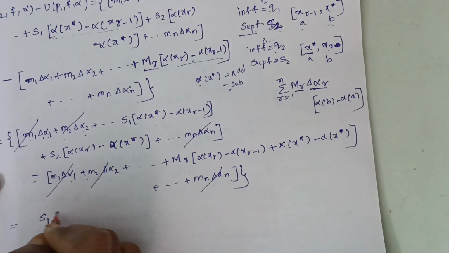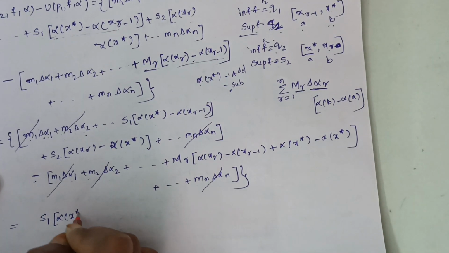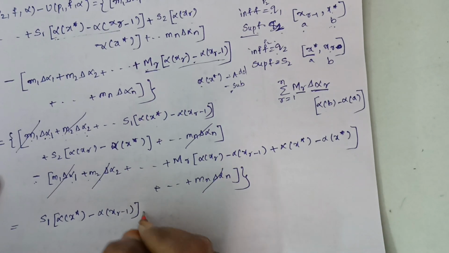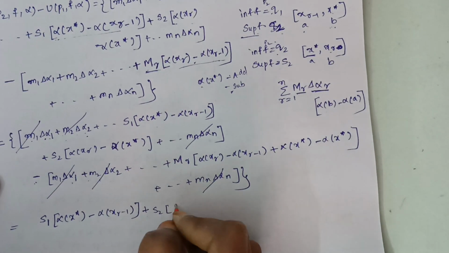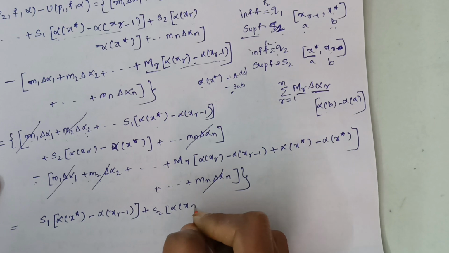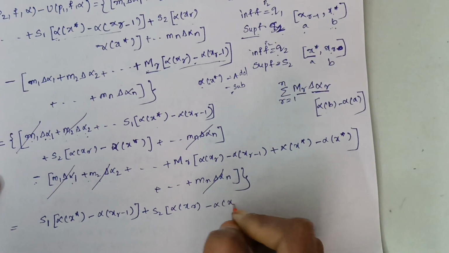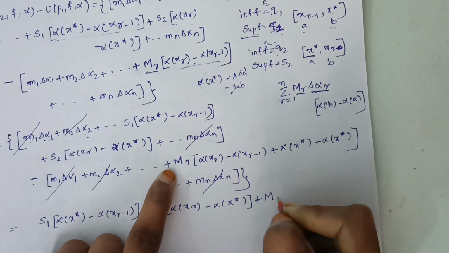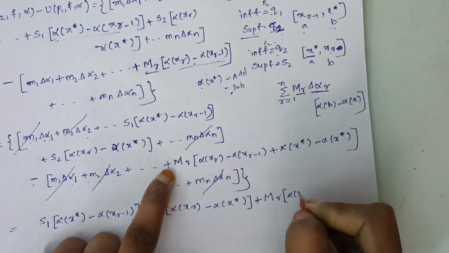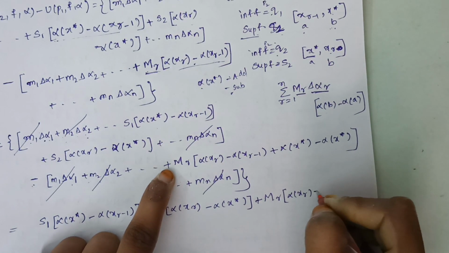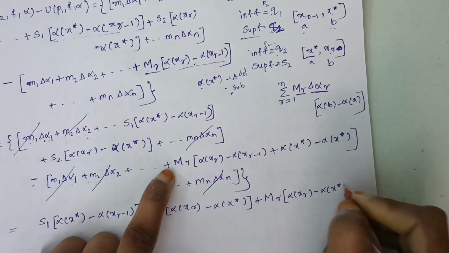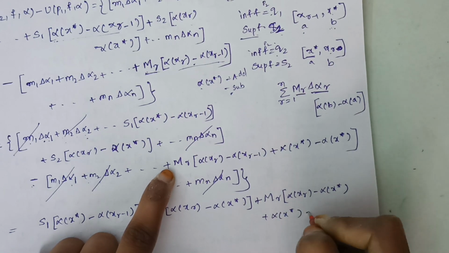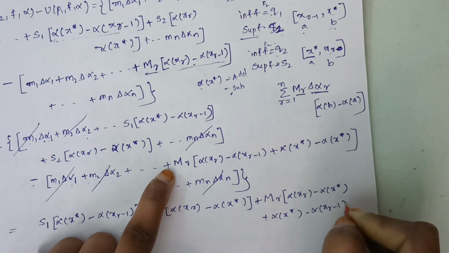s1 into alpha x star minus alpha x r minus 1 plus s2 into alpha x r minus alpha x star plus capital mr into alpha x r minus alpha x star plus alpha x star minus alpha x r minus 1.